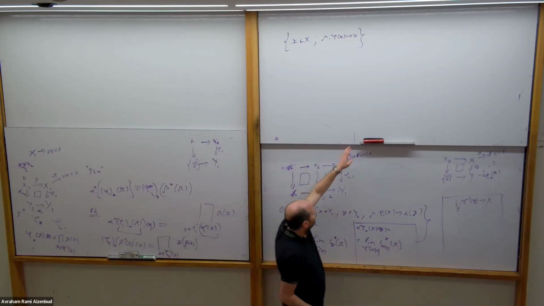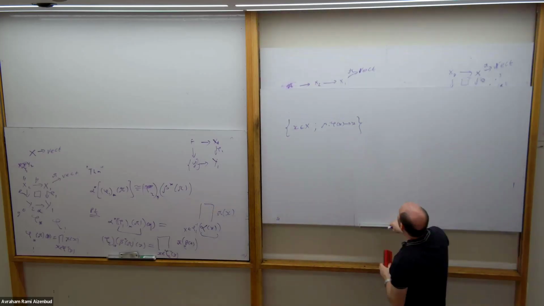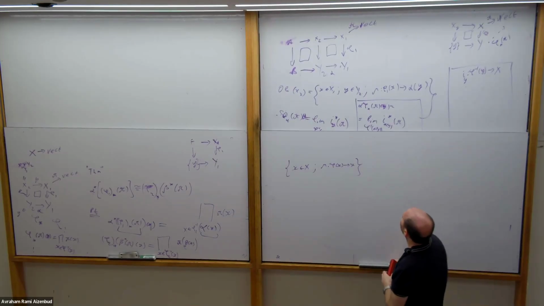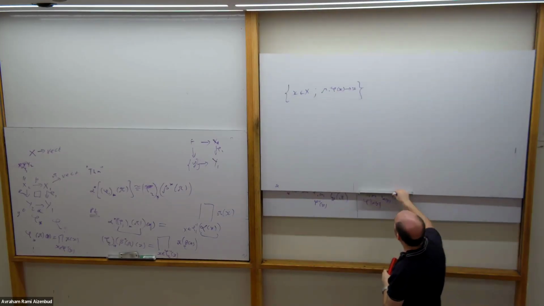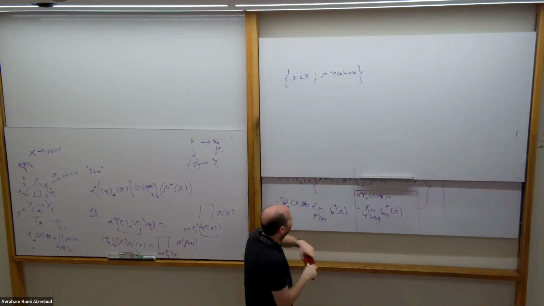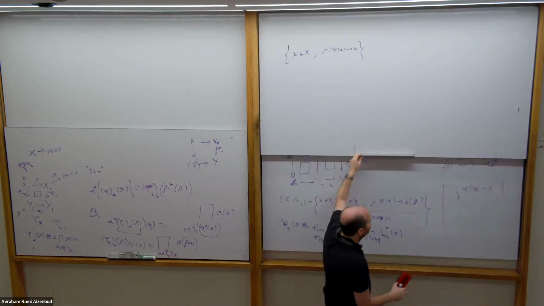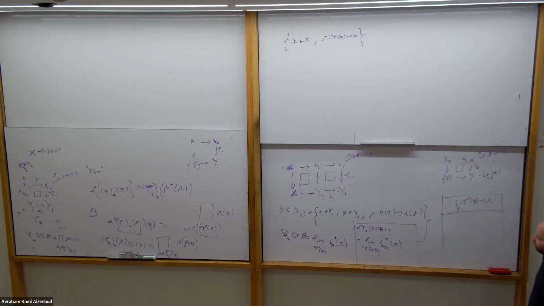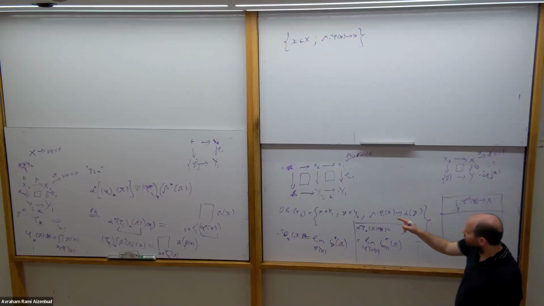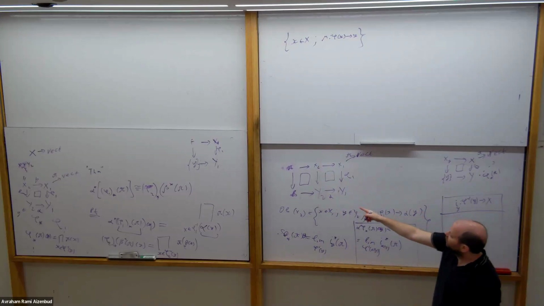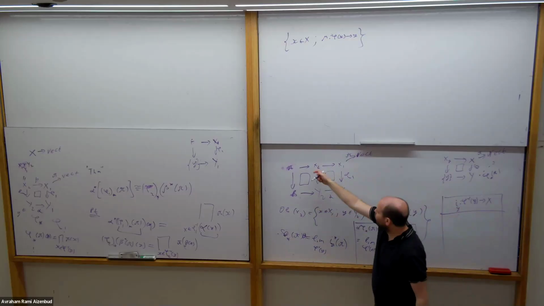And now let's do the other guy. Now we must have this one. So what is the other guy? First of all, I take the limit of the fiber of this point, but of what?